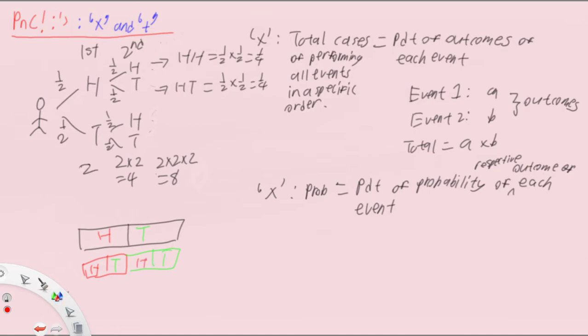Now you realize that first you took half out of 1, so this is half, this is half. Then you took a further half from half, and that is 1/4. Alright, so that is the idea of the multiplication principle in probability.